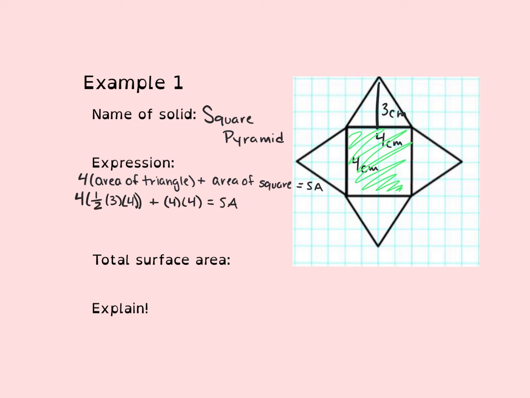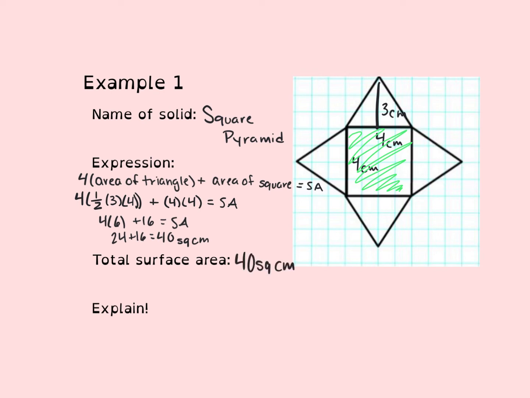Now I have substituted in our area formula for one of the triangles, and I have substituted in the numbers to find the area of the square. Now we just have to solve it. After solving, we found that the surface area of this shape is 40 square centimeters.